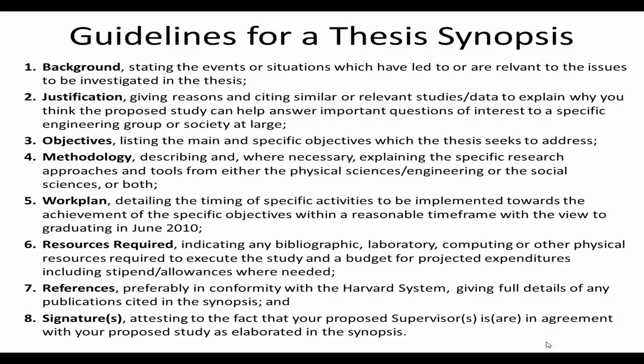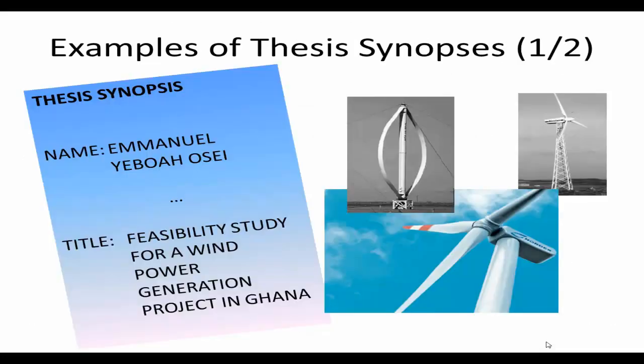So this is generally the layout of a thesis synopsis for KNUST. I see the different sections are not different indeed from the corresponding sections of a research proposal. So there's no need really to go through them one by one.